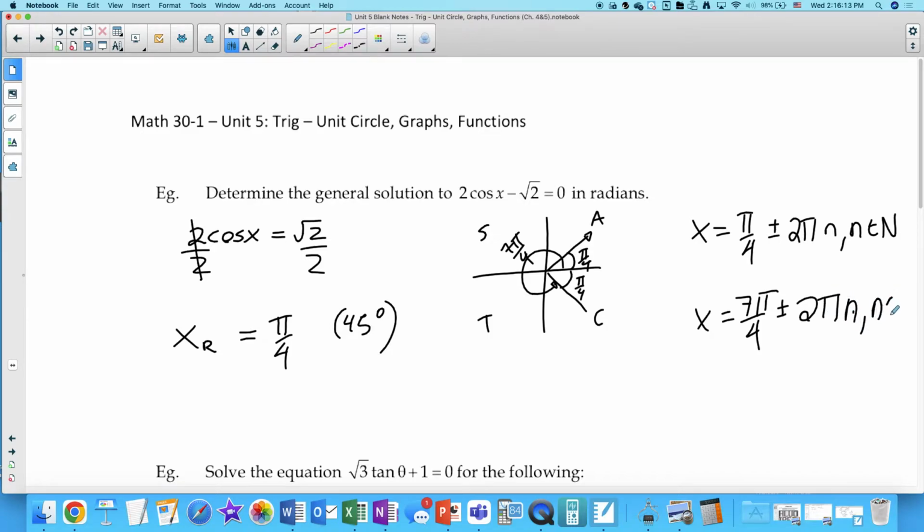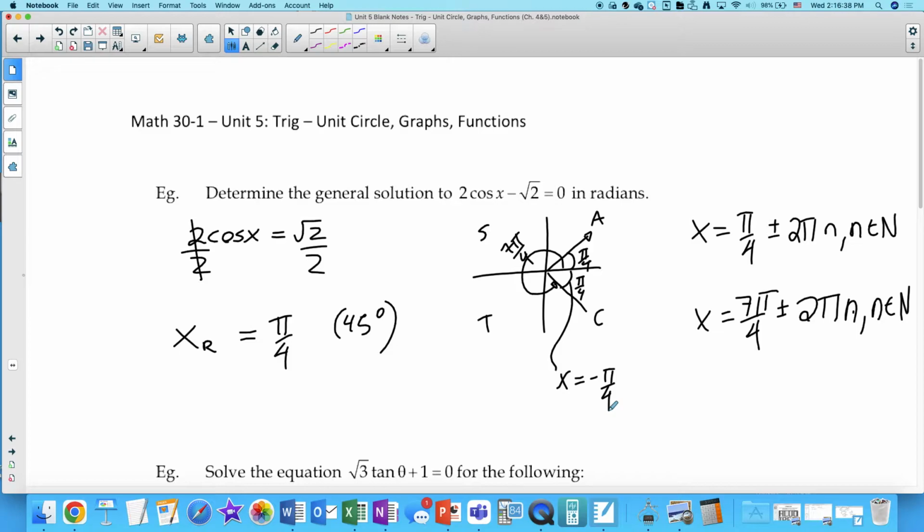Where n is an element of the natural numbers. Yes? Is the 7 times pi divided by 4 just the angle? Going counterclockwise, yeah. So if you want to think about this terminal angle being here, x equals, that would be negative pi by 4.